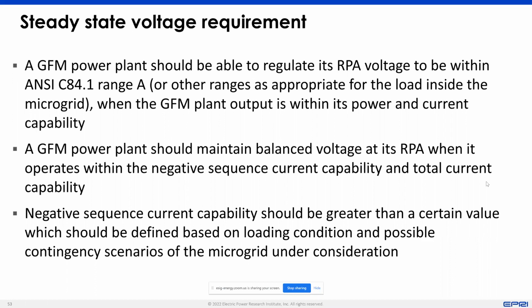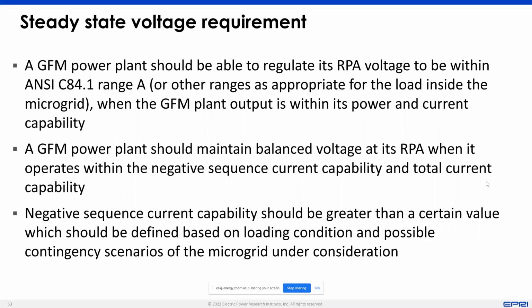Now, second of all, is that enough, right? If we just ask a grid forming inverter to regulate its voltage imbalance to be 0, for example, at its RPA, without specifying the negative sequence current capability, then the inverter may just have the negative sequence current capability at a very low value. So that will also not be sufficient, based on our study.